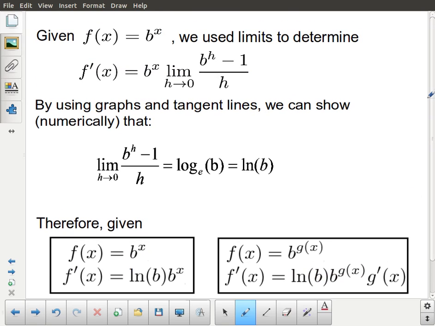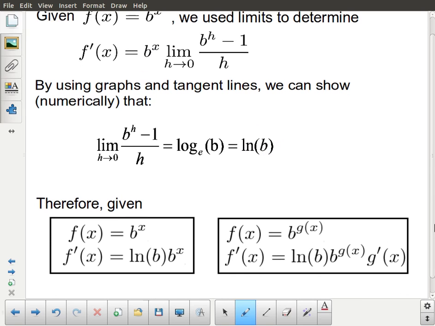So what we had before was that if we had an exponential function b to the x and we took the derivative, we ended up with the exponential function repeated, multiplied by this factor. But this factor is actually the ln of the base of the exponential function. So whatever this value b is, we take the ln of that, and that's a number, that's a constant.